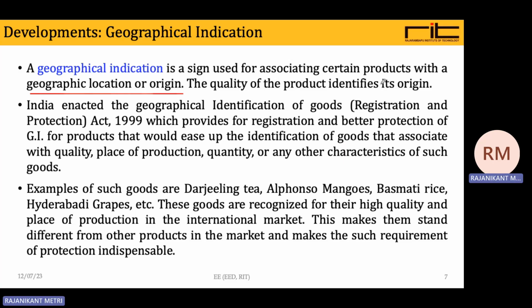Examples of such goods are Darjeeling tea, Alfonso mangoes, basmati rice, Hyderabadi grapes, Nagpur orange, Kolhapuri chappals, Guntur mirchis, and so on. This makes them stand different from other products in the market and makes such protection indispensable. So this GI protection helps geographical products to be protected from other products in the market of the same area.